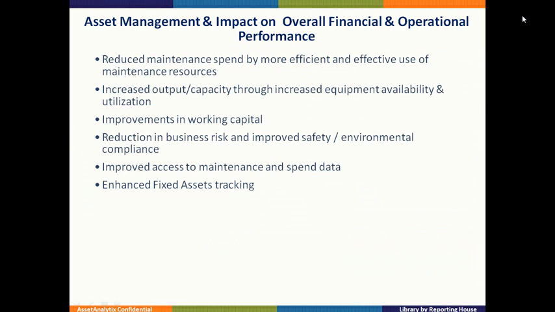Most companies would like to increase output or capacity based on the asset base that they already have, so equipment availability and utilization is a key indicator. And obviously working capital, whether it's spare parts or any other services that you might engage, you want to reduce the overall working capital so that you get the same amount of results.